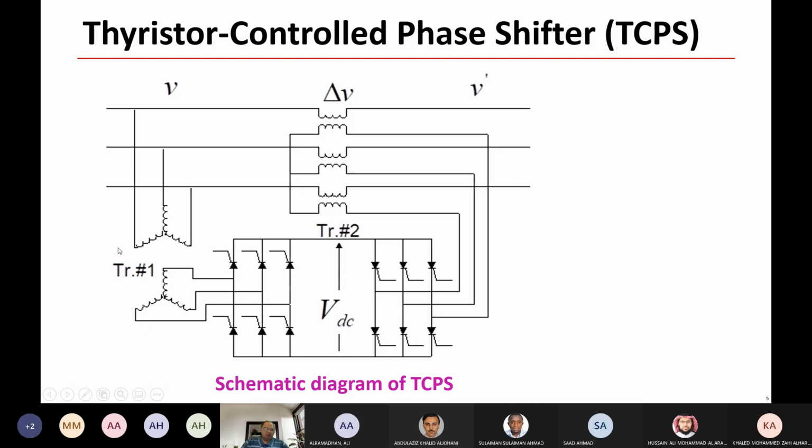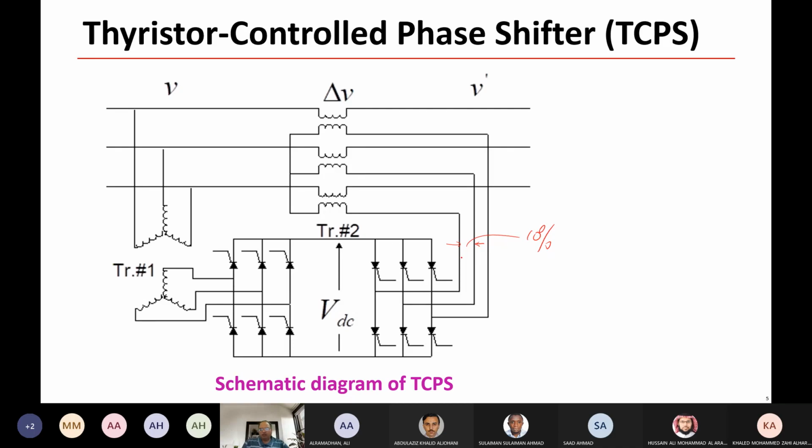You have here the shunt transformer, and you reduce the voltage here, and then you rectify it. You have a rectifier here, so you have a DC link there, and then you have an inverter. So this inverter will have a voltage here with lower magnitude, for example, 10% of the primary voltage or something like this.